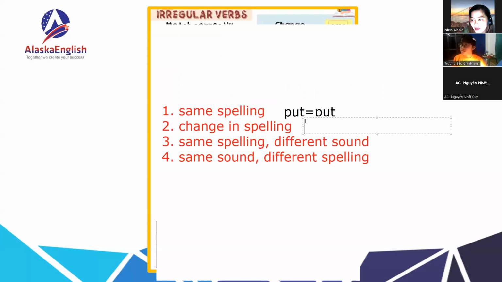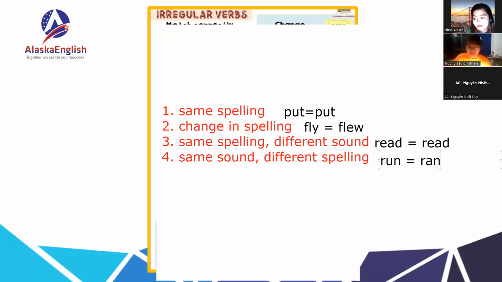Change in spelling, for example: fly, flew. Same spelling, different sound: read, read. Same sound, different spelling: we've got run, ran. Do you agree with me?